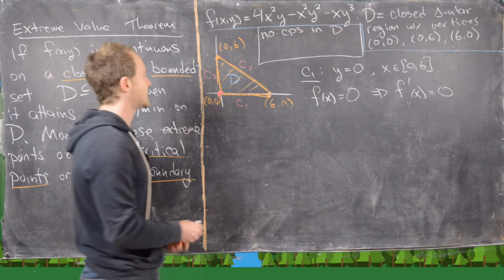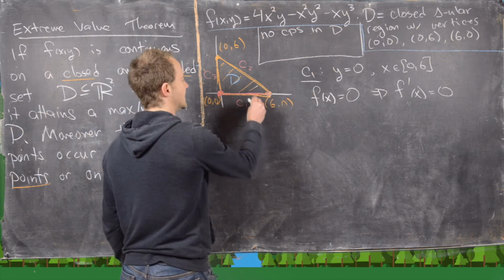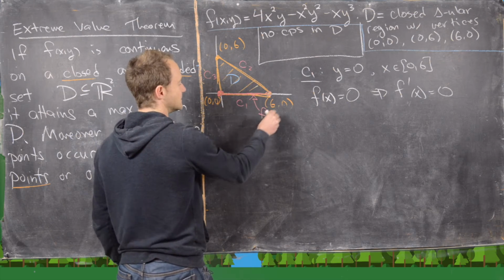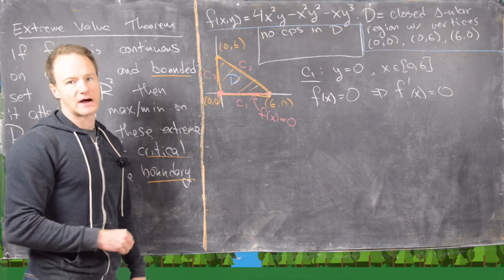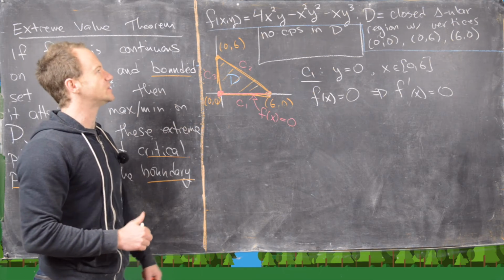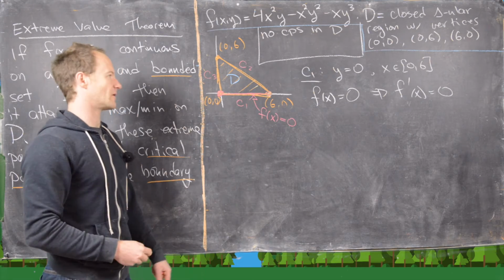So what we can take away from that is that every point along this curve is a critical point, and in fact we know that f of x equals 0 on this whole boundary curve. We'll actually use that later, but we will just keep that in the back of our mind for now.